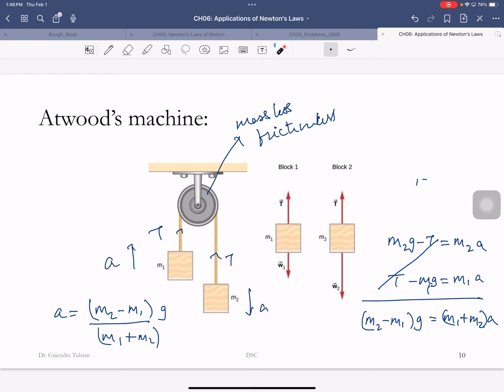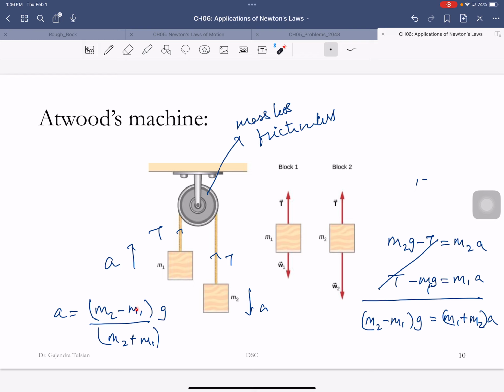Let me write it like so. I know this will appear odd, but I'll write it like that. So you guys understand, if M1 is 0, this guy will have a free fall, and his acceleration will be g.